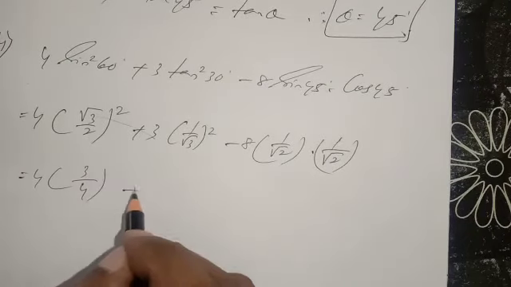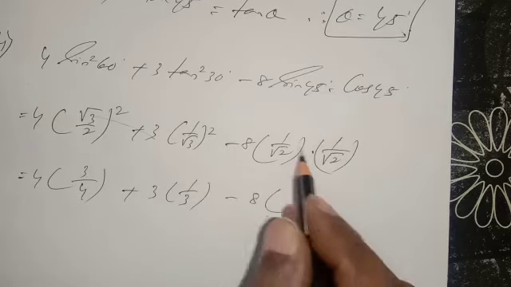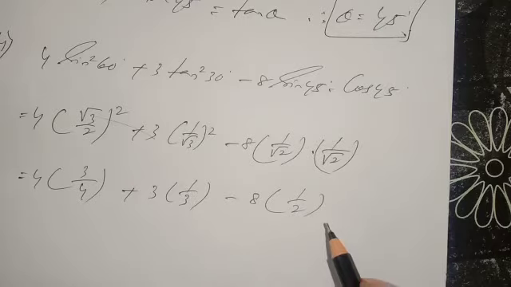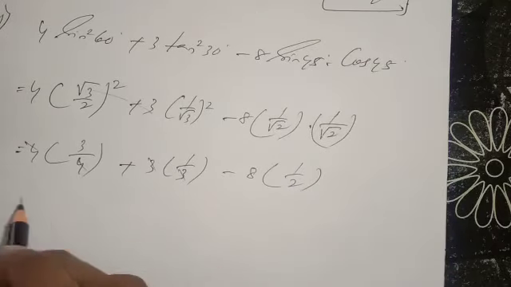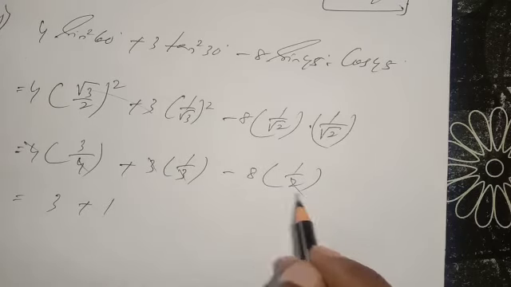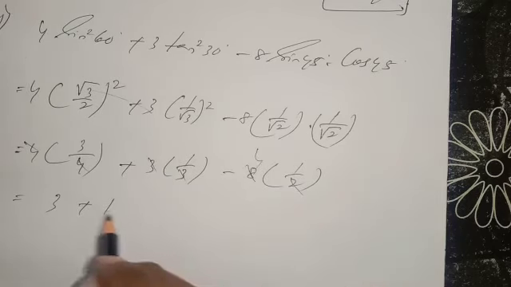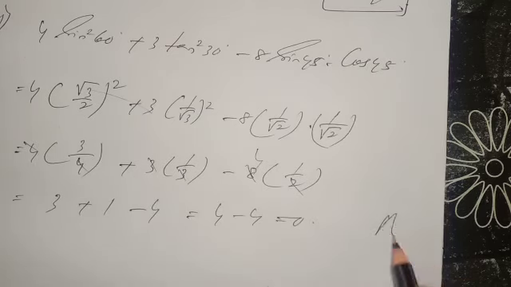So 3 by 4. This is 3 into 1 by 3 minus 8. 1 by root 2 into 1 by root 2 is 1 by 2. Root 2 into root 2, 2. 4, 4 cancel. 3 cancel. Finally, you are getting here 3 plus 1. It will go by 4. 3 plus 1 minus 4. Means 4 minus 4 equal to 0.